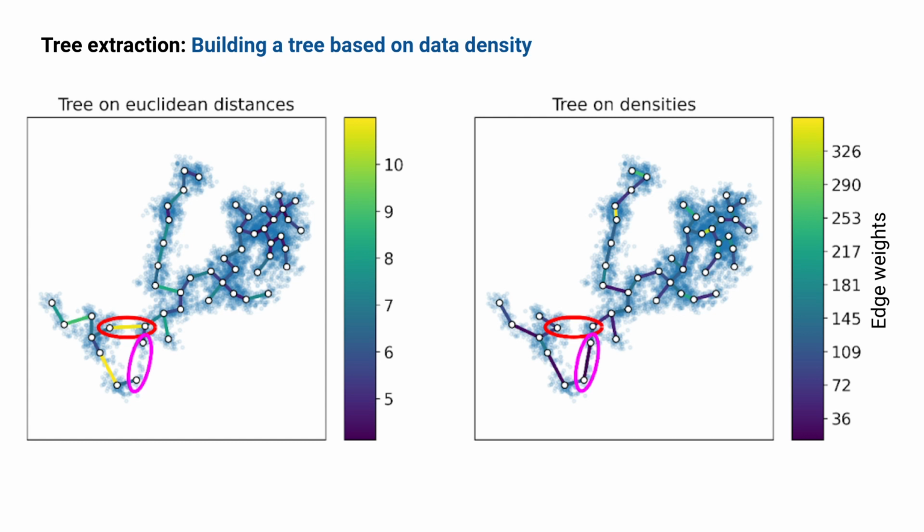Once we have this vector quantization here, we have all the vertices of the graph, but we need to build a tree on it. And the simplest way would be to use the Euclidean distances between the centroids, but these have some issues. If we take a look here in the red ellipses, we can see an edge that was built on a low density region of the data. However, there was a higher density region right beside it in the pink ellipses, but here there's no edge, where we would like to have one.